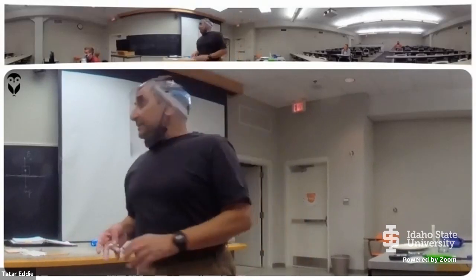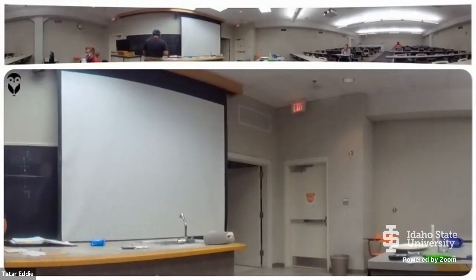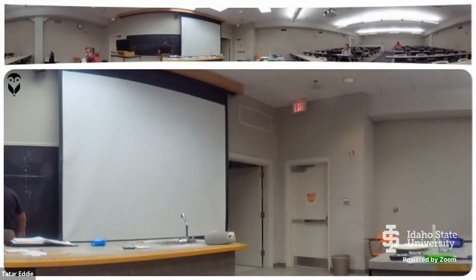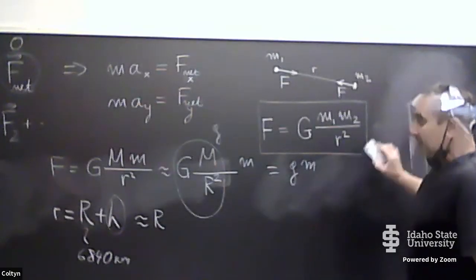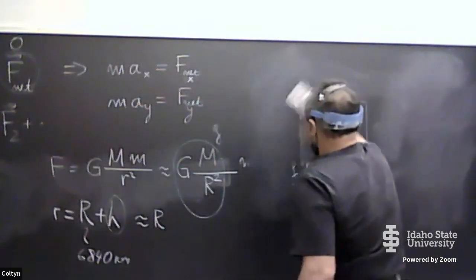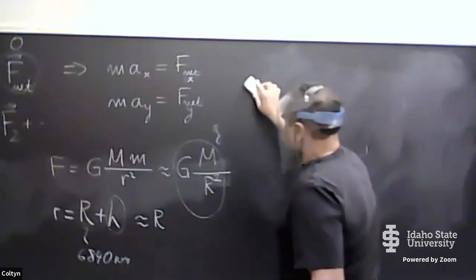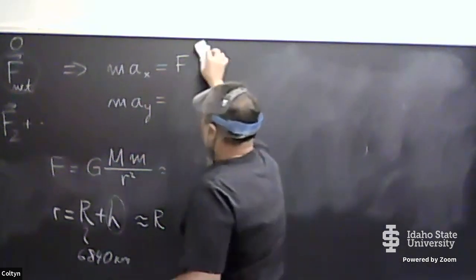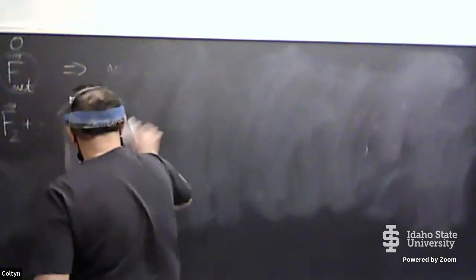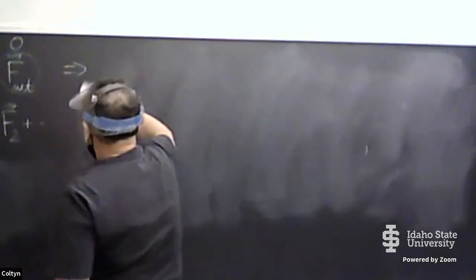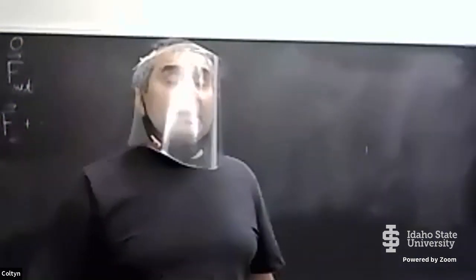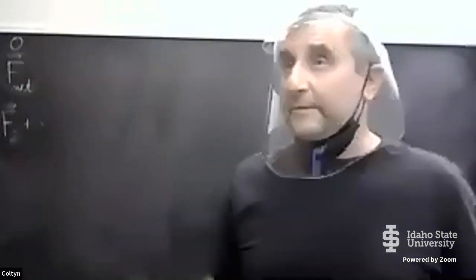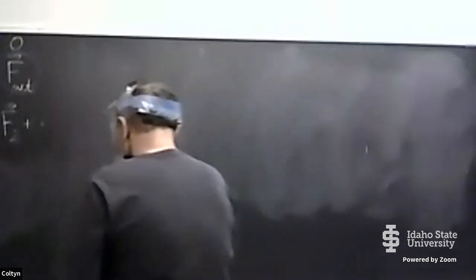Okay, so let's analyze this apparent weight phenomenon for the general case. The gravitational force, we said, that acts on any object close to the surface of the planet is the product of the mass of that object times 9.8. And consider the following situation.